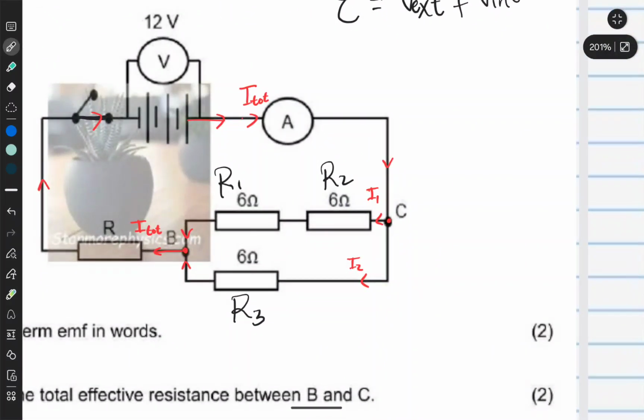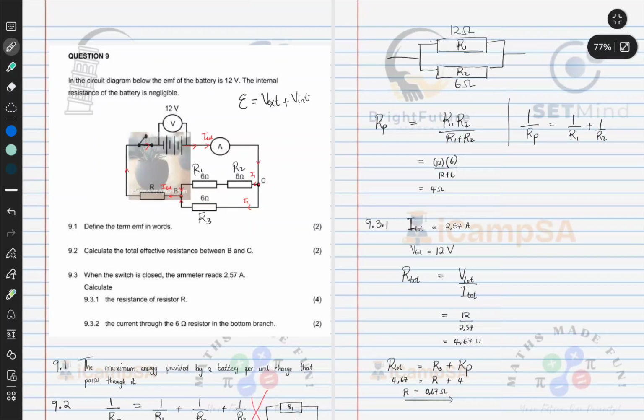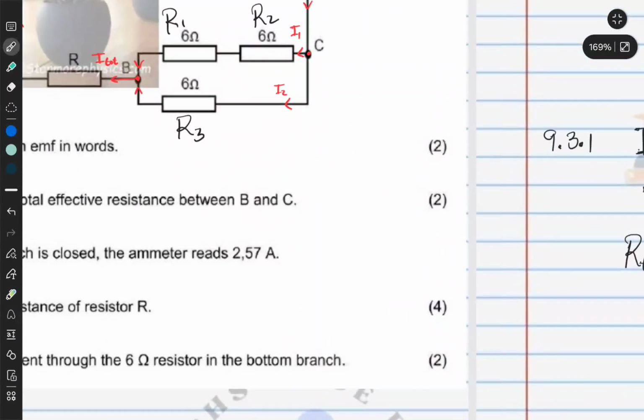If we go to this branch, we know that the voltage for the top branch and the bottom branch will be the same, right? Because if you think about it, our circuit now, after we did resistances, looks like this.